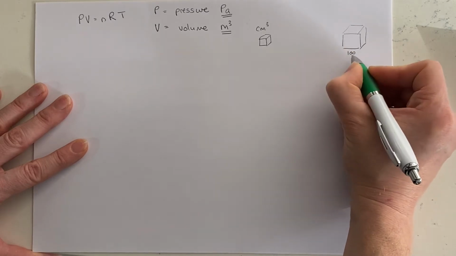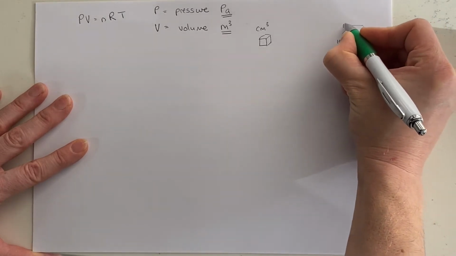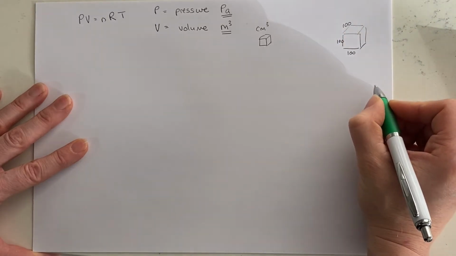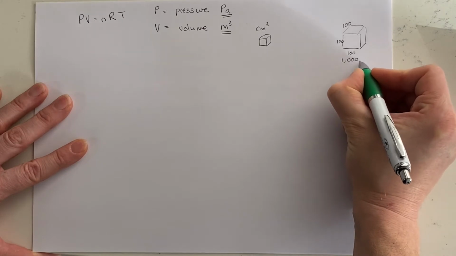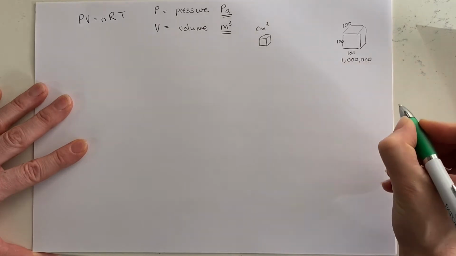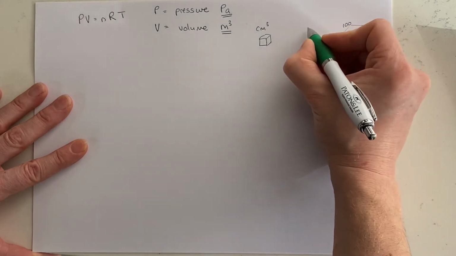So a cubic metre would be 100 by 100 by 100. And if you work that out, that actually comes out as a million. So the conversion between centimetres cubed and metres cubed is a million.